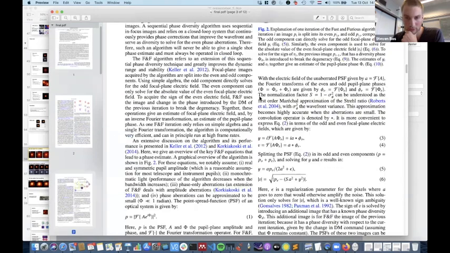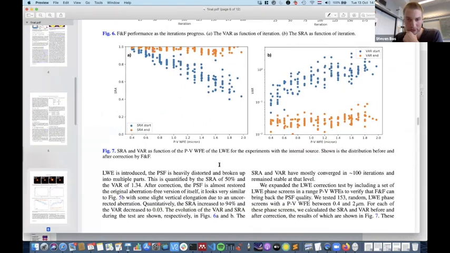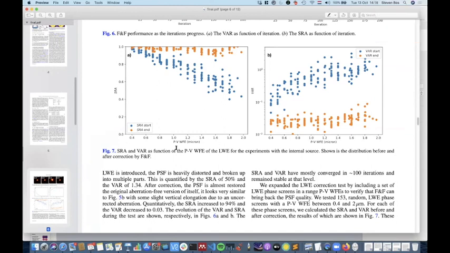I should have put this in my presentation. What you see here is the peak to valley wavefront error. It goes from 0.4 micron to almost 2. And this is the Strehl as a function of amplitude. This is before correction, and this is after correction. So what this shows is that over a wide range of low wind effect amplitudes, we can correct it.